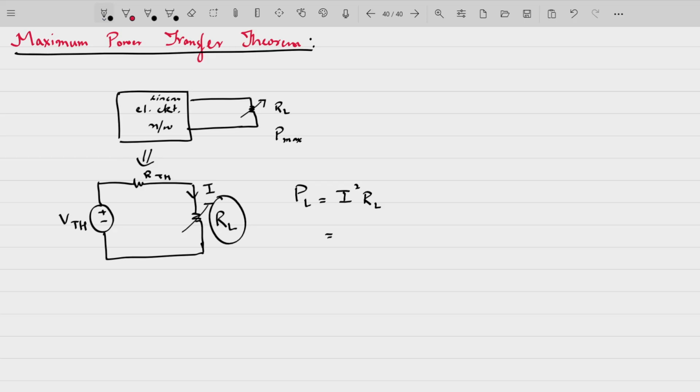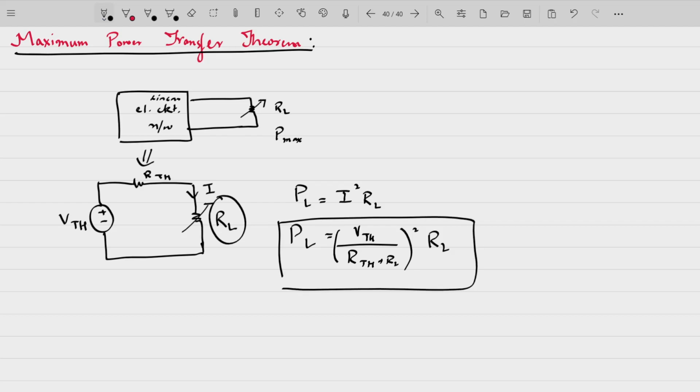Fine. Where I is what? I is nothing but VTH divided by RTH plus RL, square, into RL. Fine. So this is the equation of power being delivered to the load.